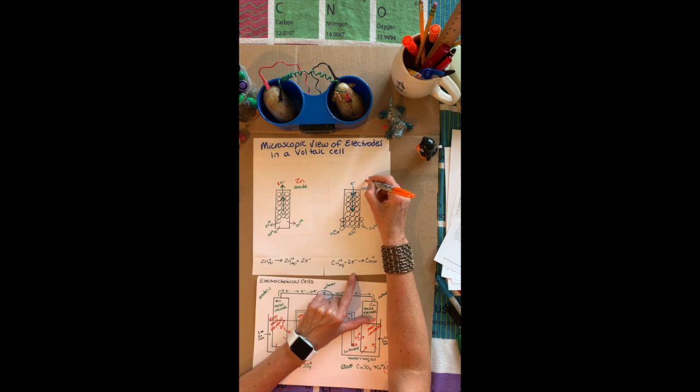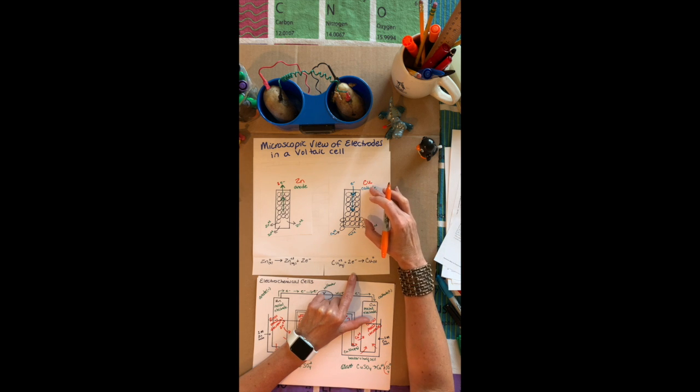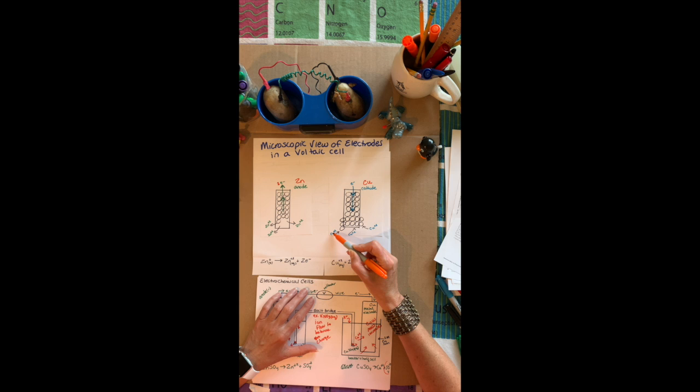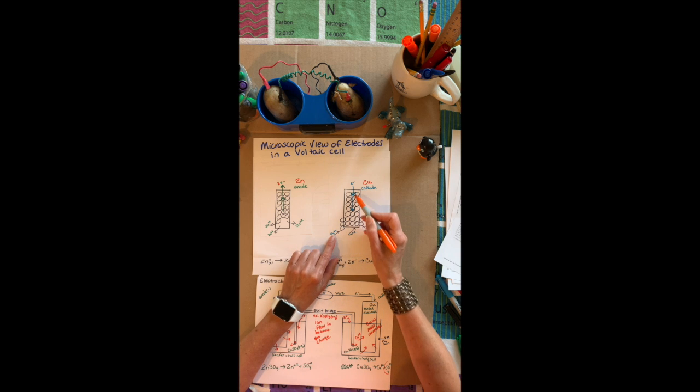Now, the cathode is made up of solid copper. It's receiving those electrons. Copper 2+ ions are actually the part that's getting reduced. These are in solution, and they get attracted, right?